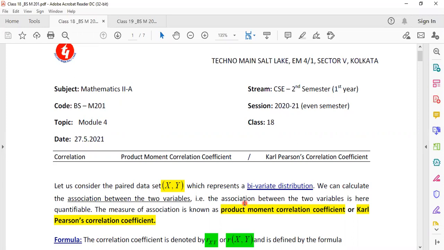So association, if you give a little bit of effort in your thinking, then you can find a little bit of association between any two items. But not every association is correlation. The example which I have just now told you is an example of causation. The student's tiredness due to traveling is causing, affecting his performance in the examination. It is not correlation.